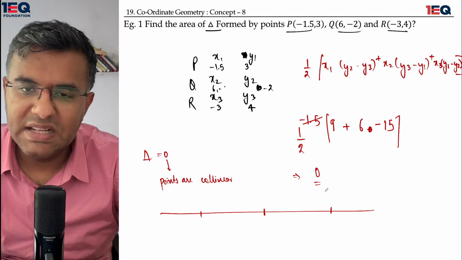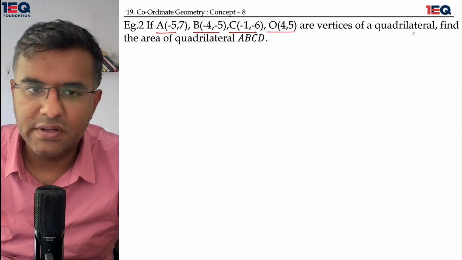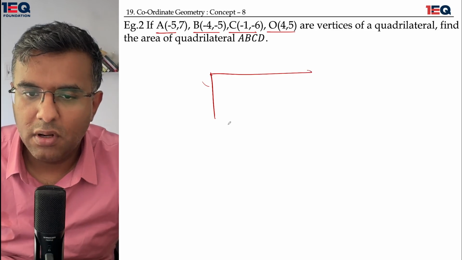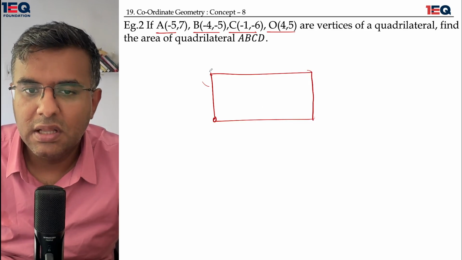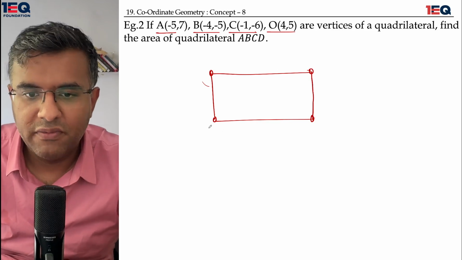Okay, let's move on. Now, we have 4 vertices of a quadrilateral, and we need to find the area of the quadrilateral. I am assuming that all the points here are figured out randomly.